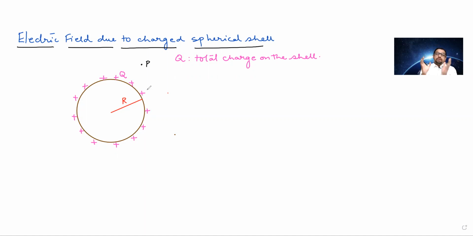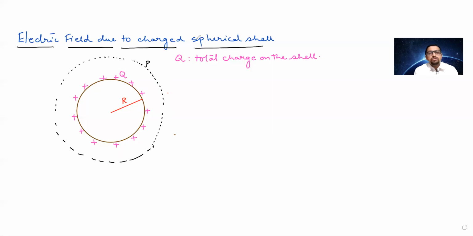Now, what is the concept? We are using Gauss law. So we are going to enclose this charge through a surface which is going to pass through this point. So we are going to draw a Gaussian surface, right?